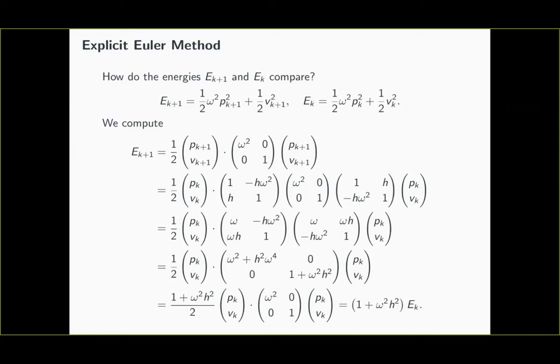So the entire expression equals 1 plus omega squared h squared times the energy at time t_k, E_k. What this shows us is that the energy actually increases as we perform iterations of the explicit Euler method. So for that reason, there's an additional artificial influx of energy into the system.